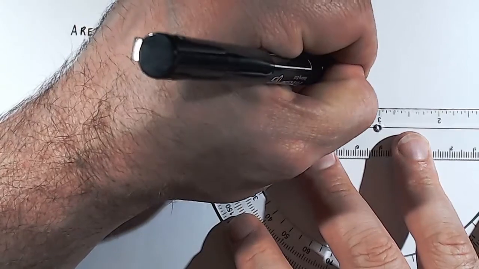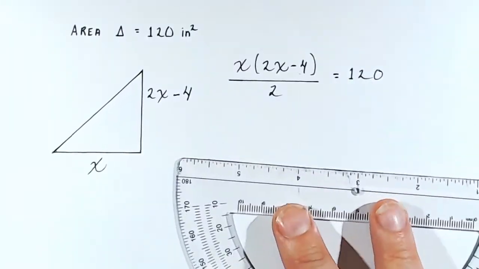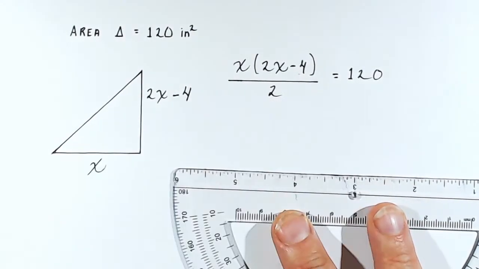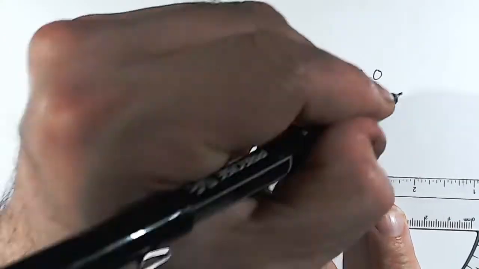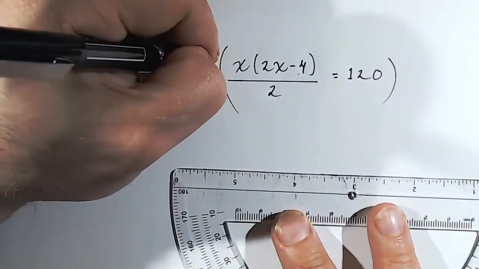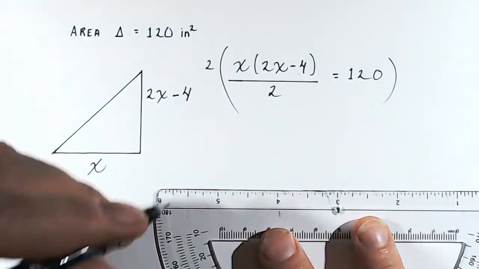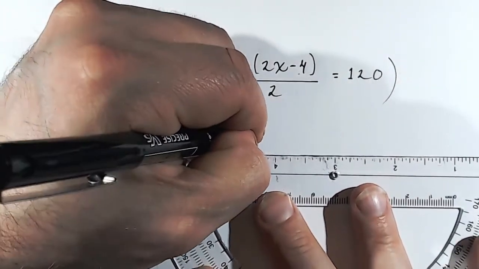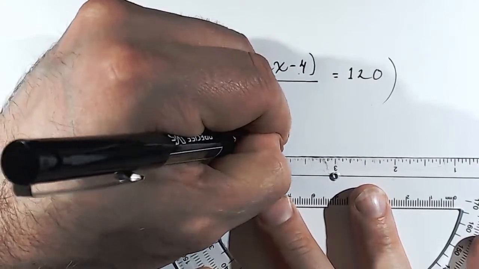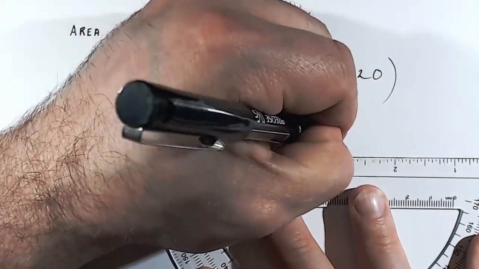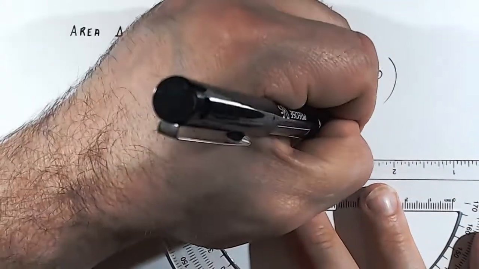So we can get rid of this 2 by multiplying the entire equation by 2. Those will cancel on the left, leaving us with x, open parentheses, 2x minus 4, close parentheses, equal to 240.